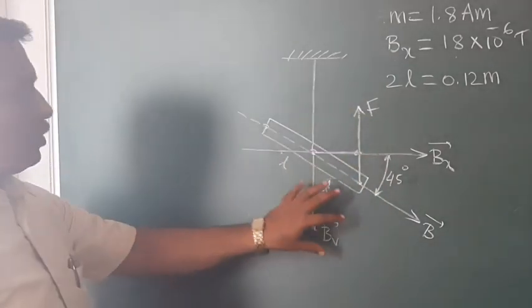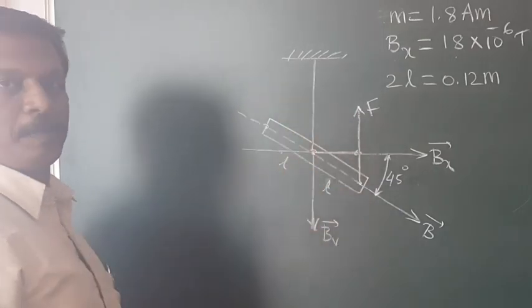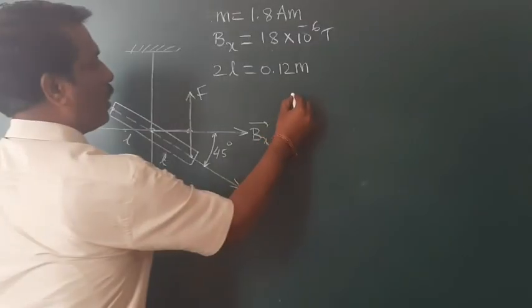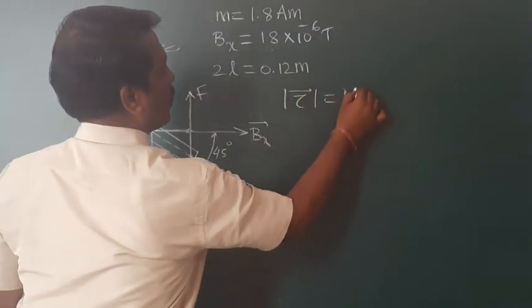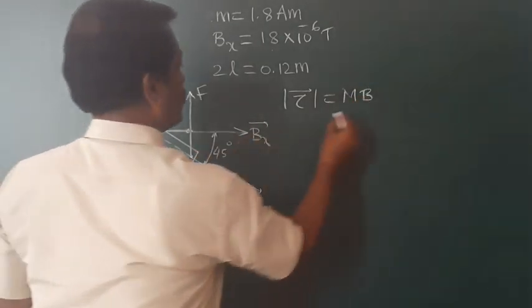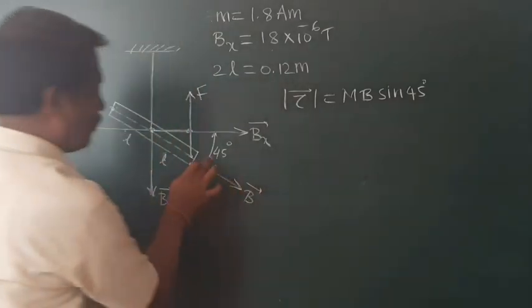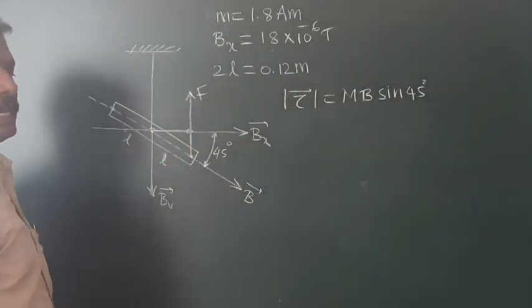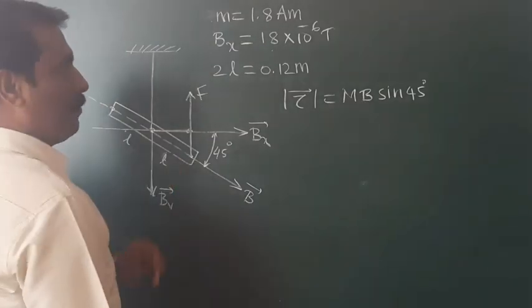Okay. Now, when the needle is in the magnetic field, it will experience torque. So the magnitude of the torque is given by mB sin 45, because here it makes an angle of 45 degrees. This is the torque experienced by the needle.